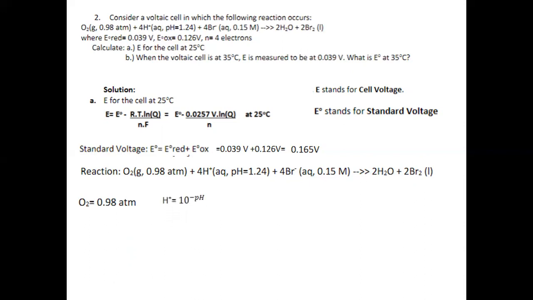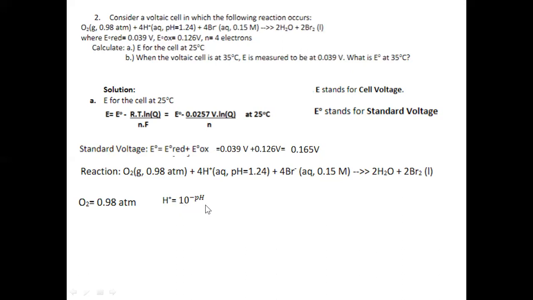To determine the concentration of hydrogen ion, since we are only given the pH, the formula is: the concentration of hydrogen ion, H positive, is equal to 10 raised to negative pH.